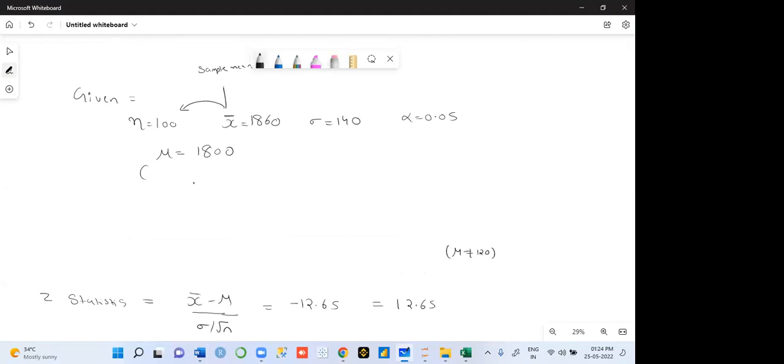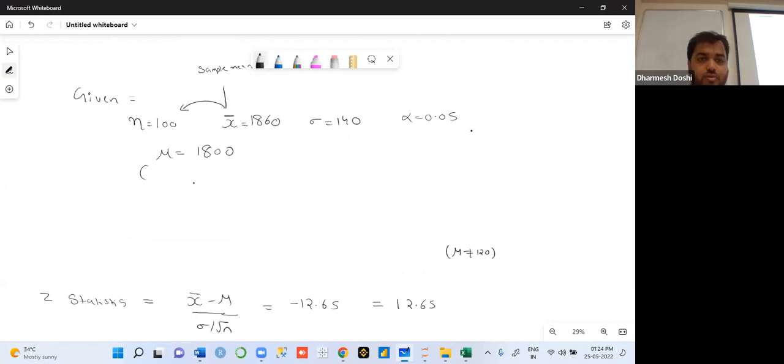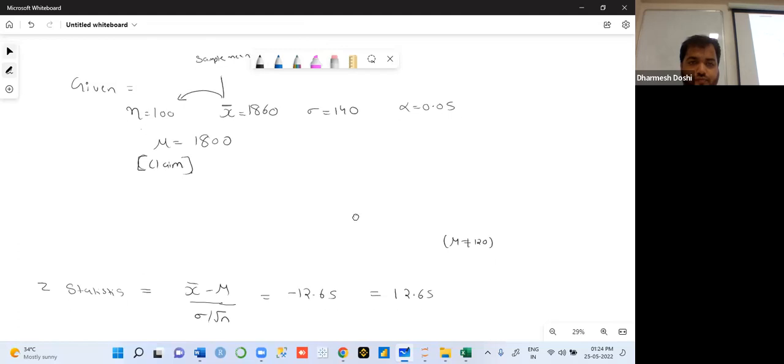Okay, alpha is 5%. Can you solve this? This mu is a company claim. Whatever may be the answer you get, guys. How much? What should be H0, guys?